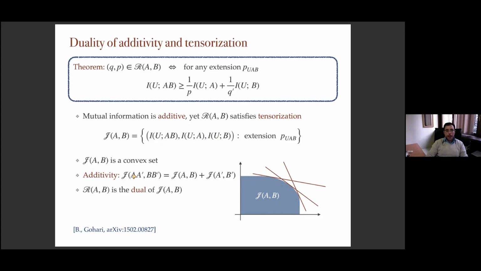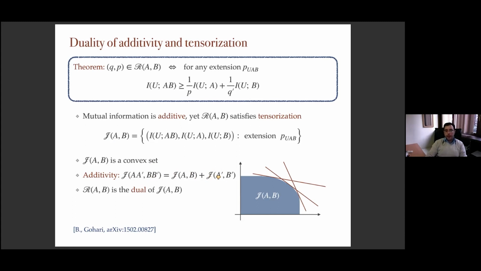If I take A prime, B prime to be independent of AB, and compute this set for AA prime versus BB prime, I realize that it is equal to the summation of these two sets, where by summation I mean the point-wise summation. I get some point here and some point here, sum them up, and then take all of the sums. That's what I mean by the summation. So this J set has an additivity property.